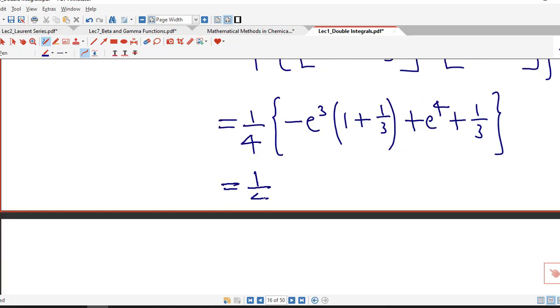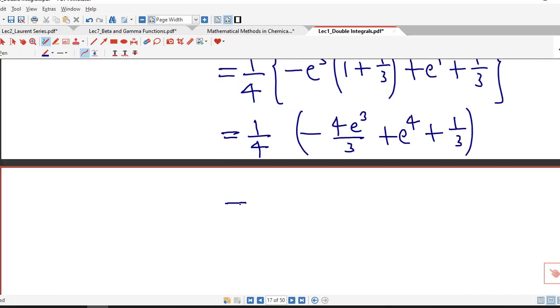So we rewrite this as 3 plus 1, that is 4 by 3, so minus 4 e raised to 3 divided by 3, plus e raised to 4 plus 1 by 3. And if we take 3 as LCM here, then in the bracket we have minus 4 e raised to 3 plus 3 into e raised to 4 plus 1.